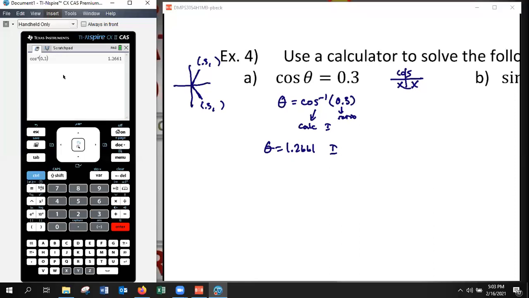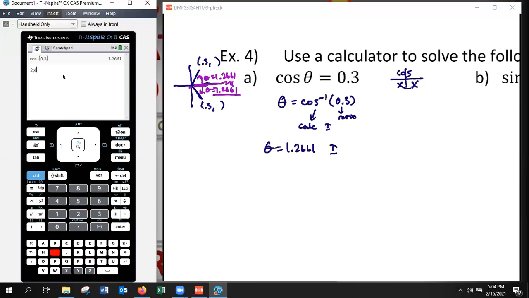So let's change color to help see this a little bit better. So this answer is theta is 1.2661. How do I get the quadrant 4 answer? There's not that symmetry by pi. If I add pi, I'm not going to get the possible answer. But if I think about it this way, this angle down here should also be 1.2661. So the way that I'm going to get that is, I'm going to start off at 2 pi and subtract the 1.2661 to get the other solution.